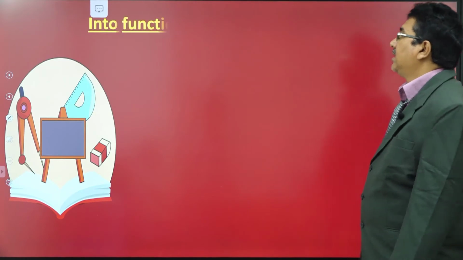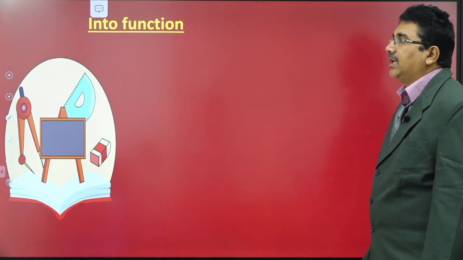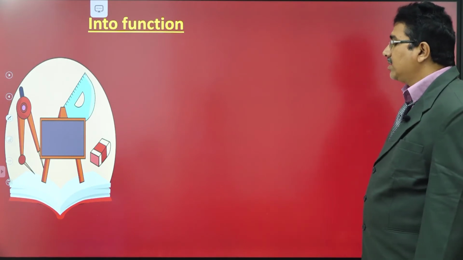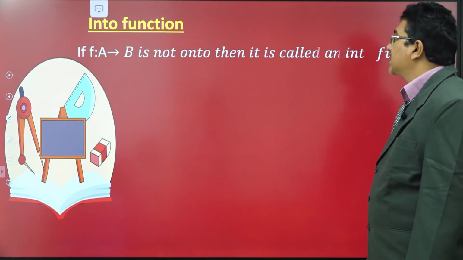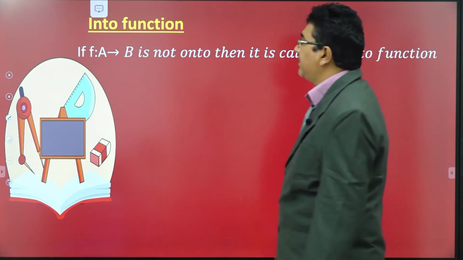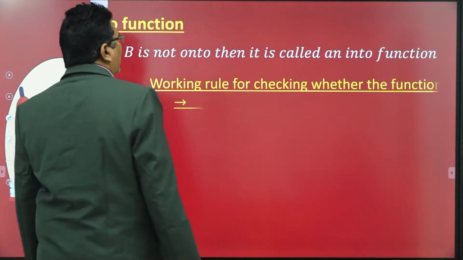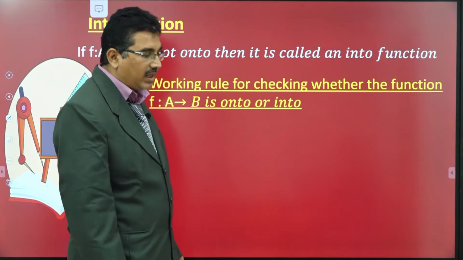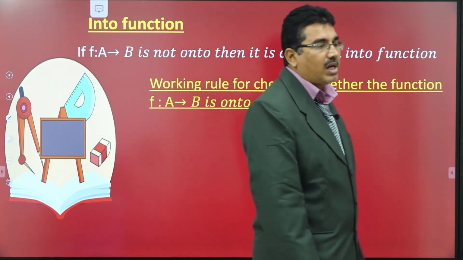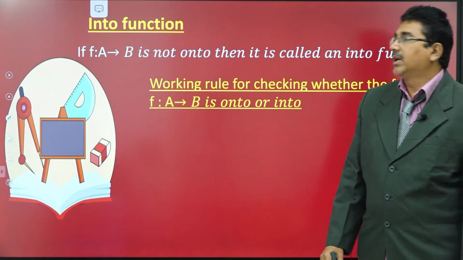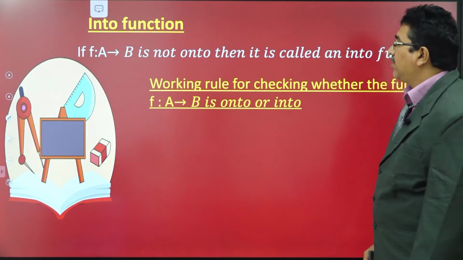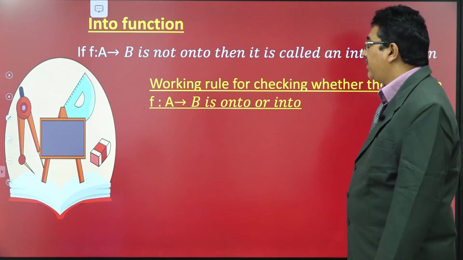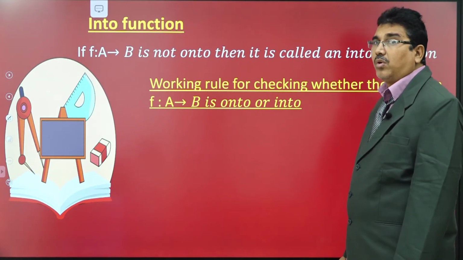Now into function: a function which is not onto is called an into function. Now the working rule for checking whether the function is onto or into. Onto function, start from the codomain.